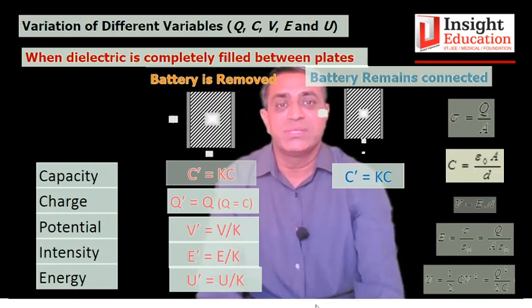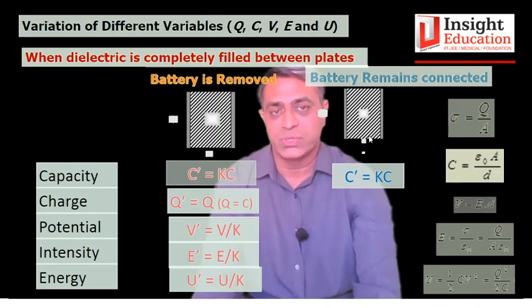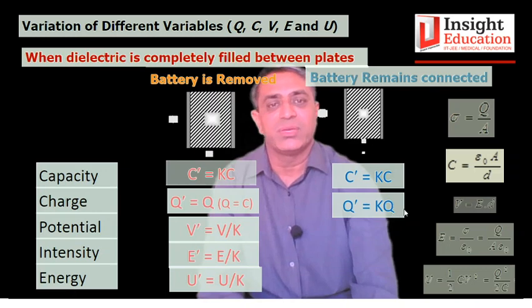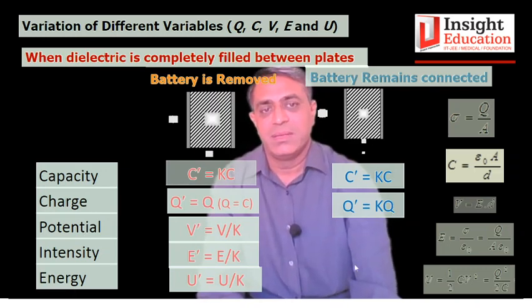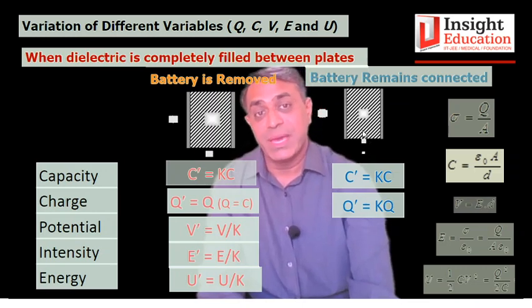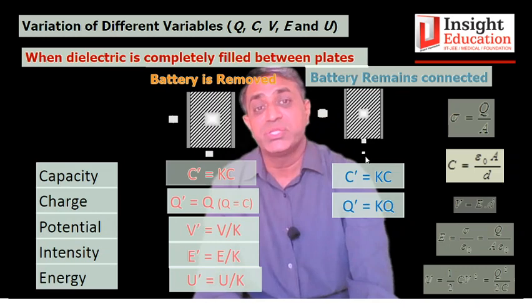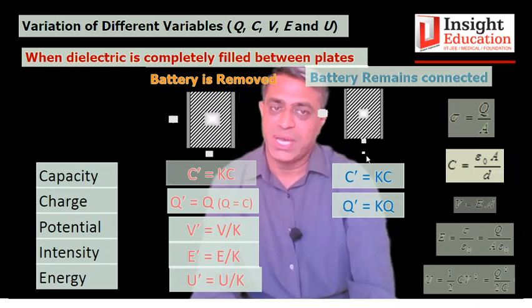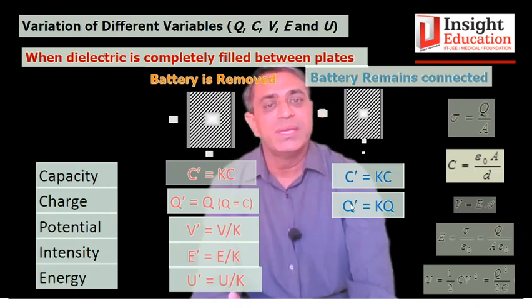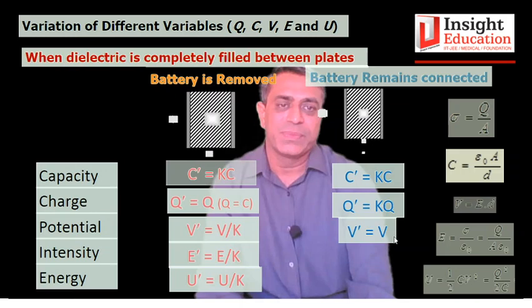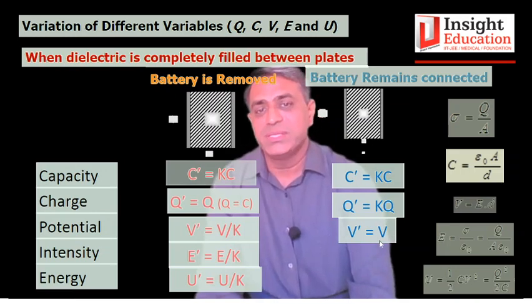If capacitance increases, then charge also increases, so Q' is equal to KQ. Now what should be the potential? As we have discussed, when the capacitor is connected to the battery, in steady state the potential on the capacitor and the battery should be the same. It means V' is equal to V. So now you can say the potential is constant.